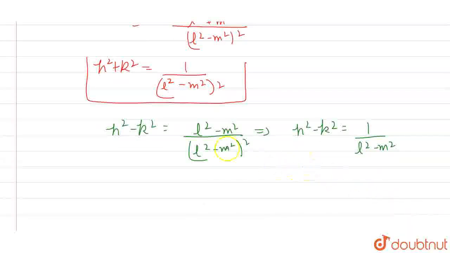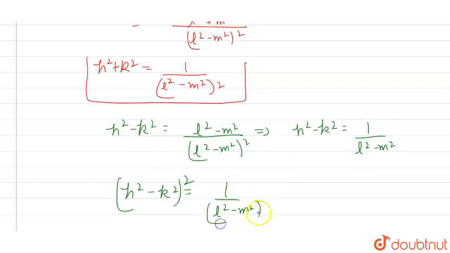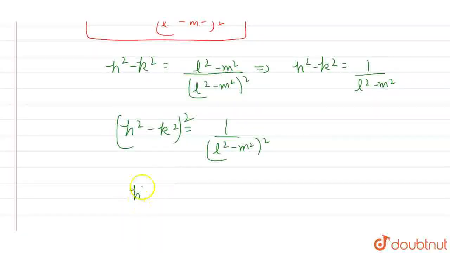If I take the square of both sides, this becomes 1 upon l square minus m square whole square, and 1 upon l square minus m square is h square minus k square. It means h square minus k square whole square equals h square plus k square.